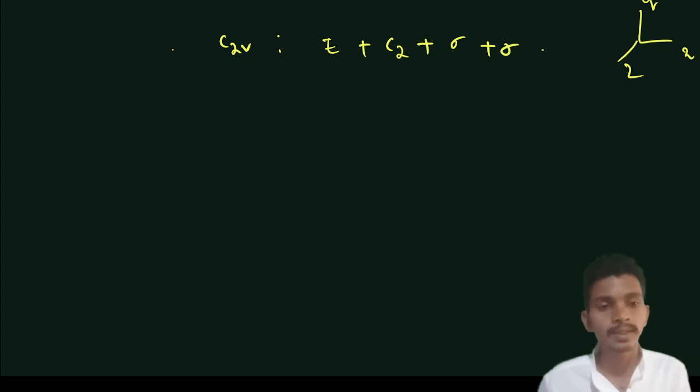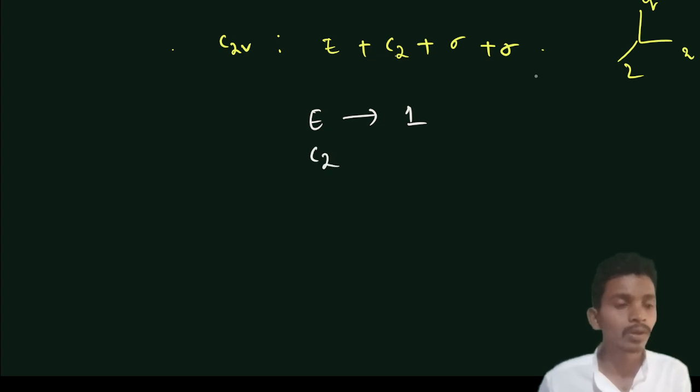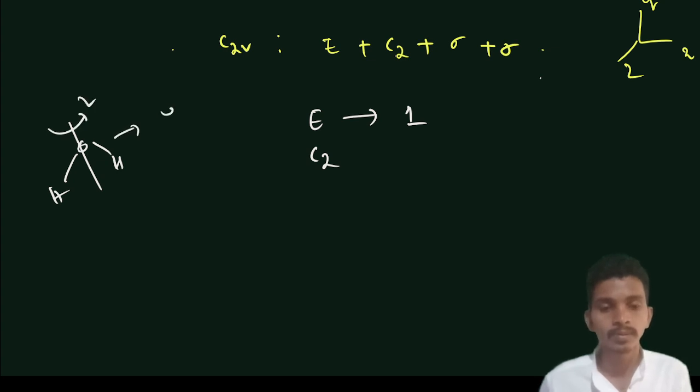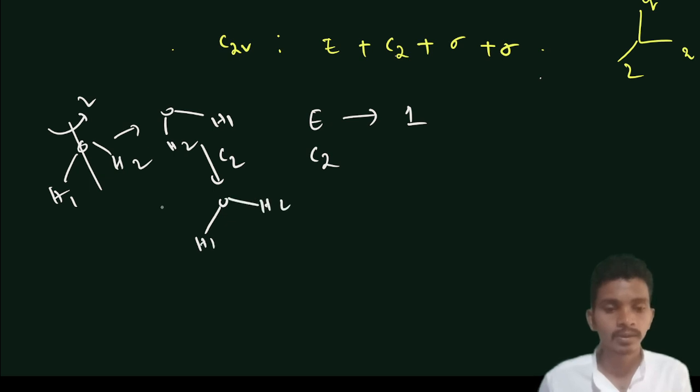For this case, how many operations? For E, one operation is needed. For C2, two operations are needed. If we talk about water, whenever I apply C2, it becomes H1 and H2 swapped, and if I apply C2 again, I get the same one. So this is identical. Specifically, this is 1 and this is 2, but in the group, E is already included, so I only take 1.